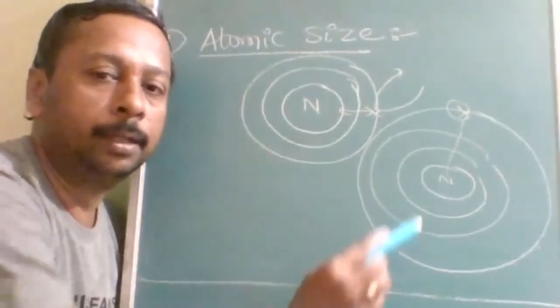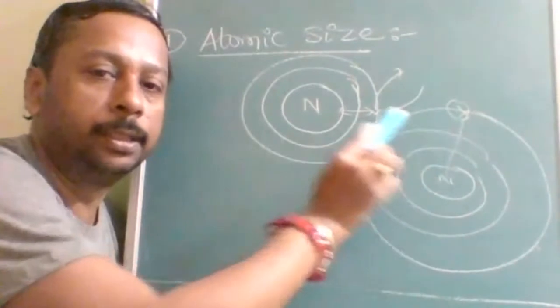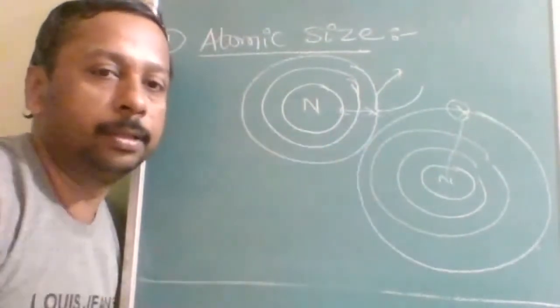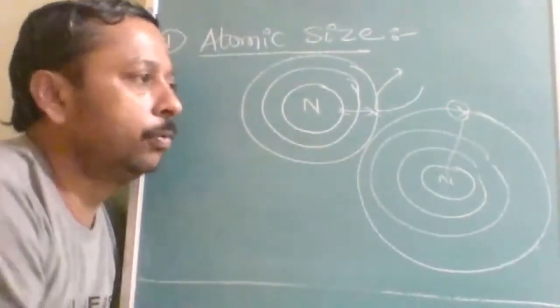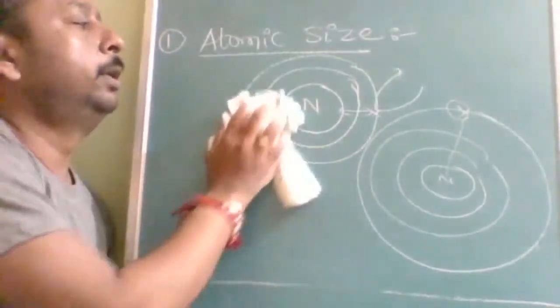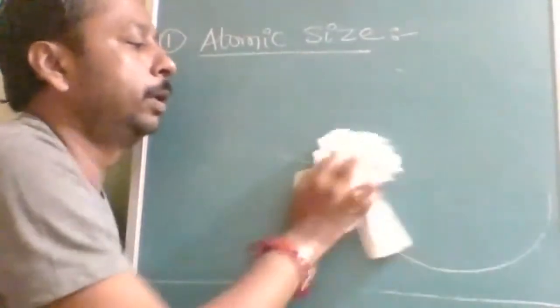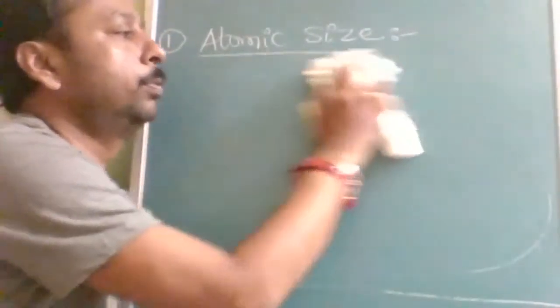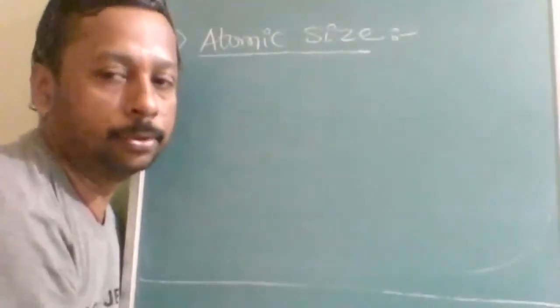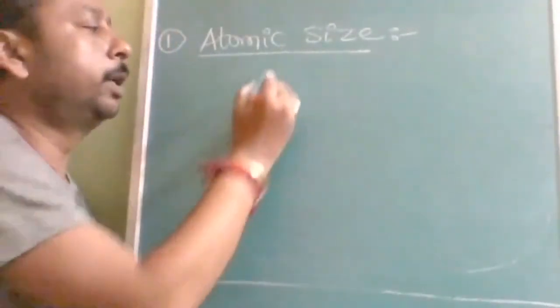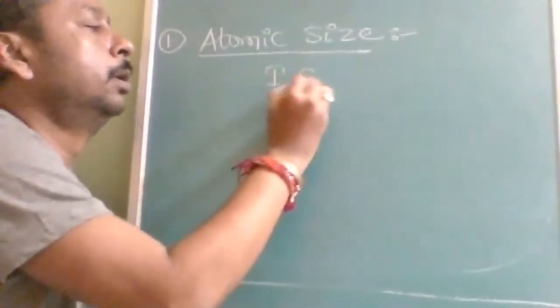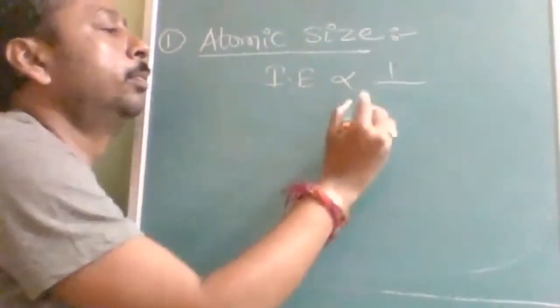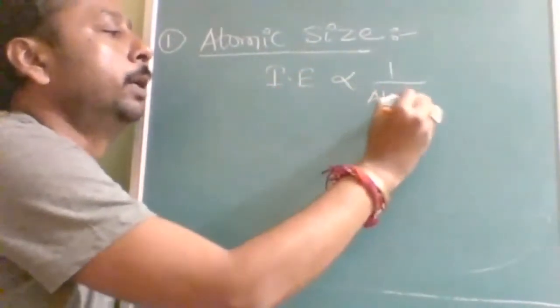That means bigger atom, less energy. Smaller atom, more energy. Understood? That's why ionization energy is more in small atom, less in big atom. So which proportional? Inversely proportional. So ionization energy is inversely proportional to atomic size.